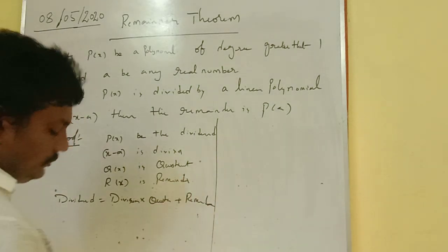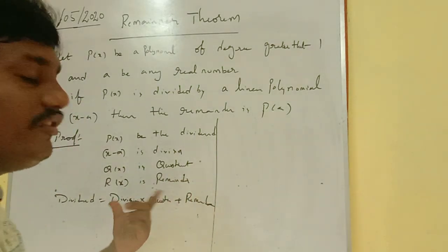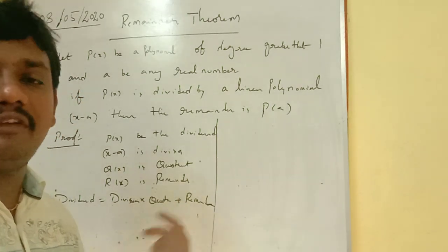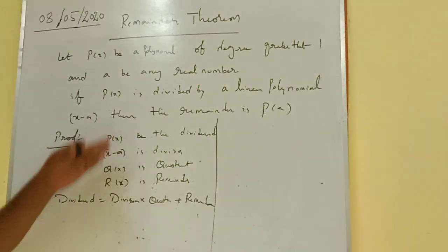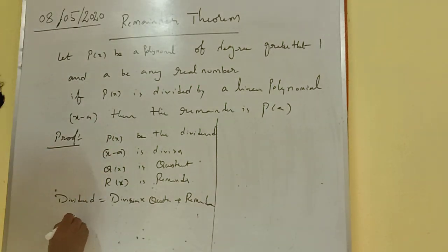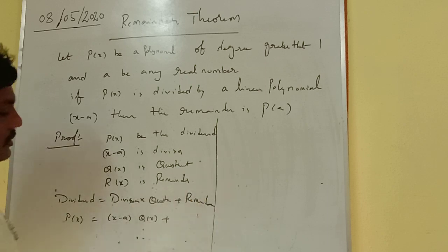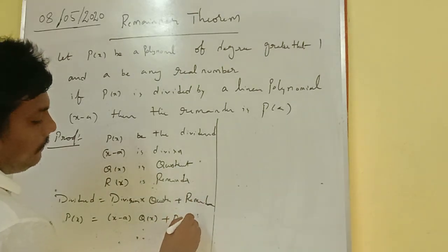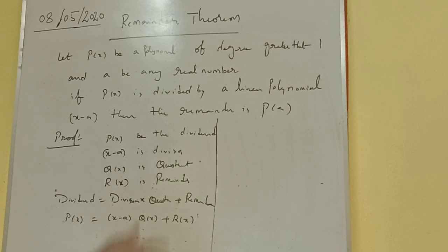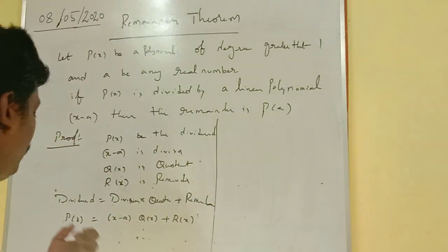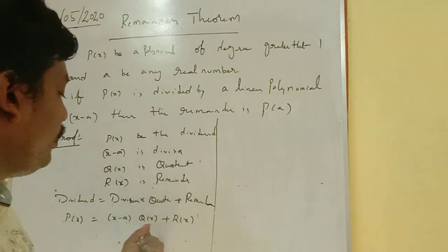Here the dividend is p of x, the divisor is x minus a, the quotient is q of x, and the remainder is r of x. I am considering all the polynomials in terms of x. That's why p of x equals x minus a into q of x plus r of x.